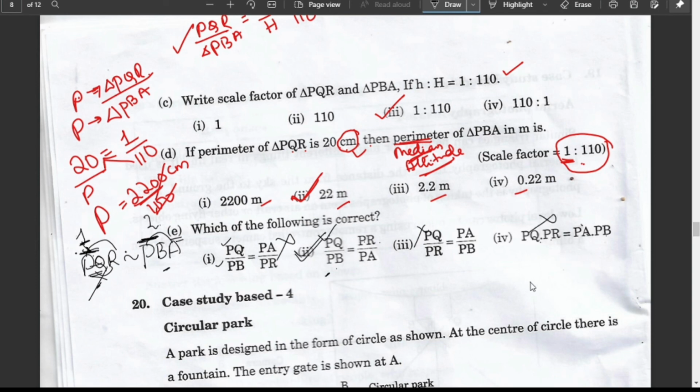Our answer here is 2. I hope you all got what I was referring to. PQR means PBA: P corresponds to P, Q corresponds to B, and R to A. So when you select the sides, take line segment PQ to PB, QR to BA, PR to PA. That's what we call corresponding angles. Hope you all understood, children.